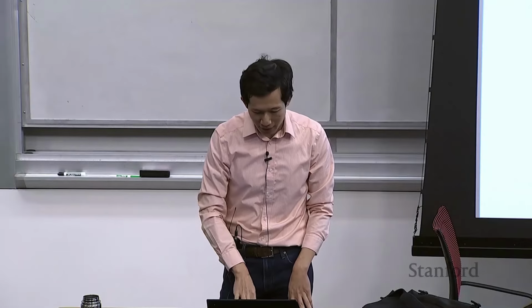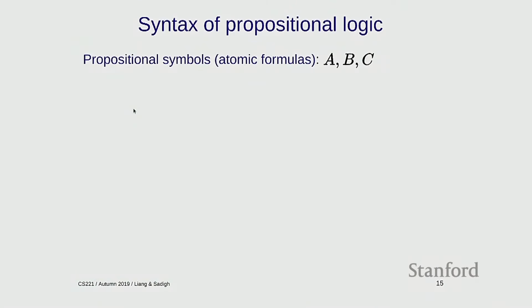Okay, so let's begin. This is going to be building from the ground up. First of all, in propositional logic, there are a set of propositional symbols. These are typically going to be uppercase letters or even words. And these are the atomic formulas. These are formulas that can't be any smaller.